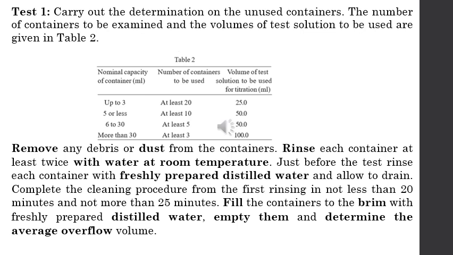For containers with capacity of 5 ml or less, the number of containers is 10 and the volume used for titration is 50 ml. If the nominal capacity is 6 to 30 ml, we take 5 containers and the volume for titration is 50 ml. If the capacity is more than 30 ml, we take 3 containers and the volume for titration is 100 ml.